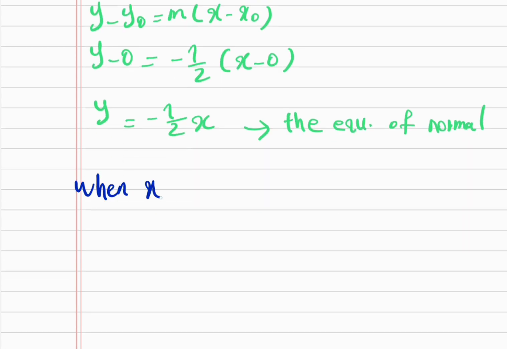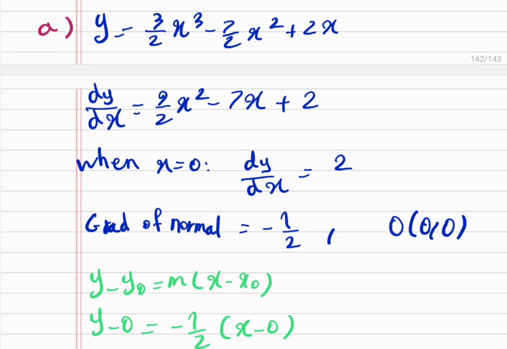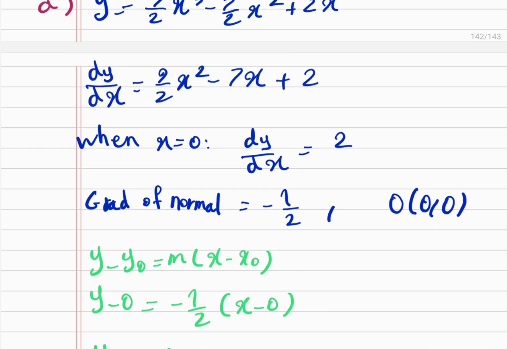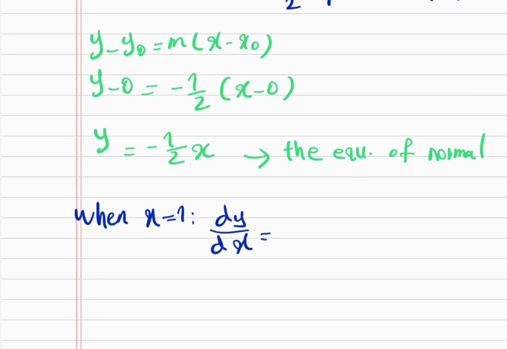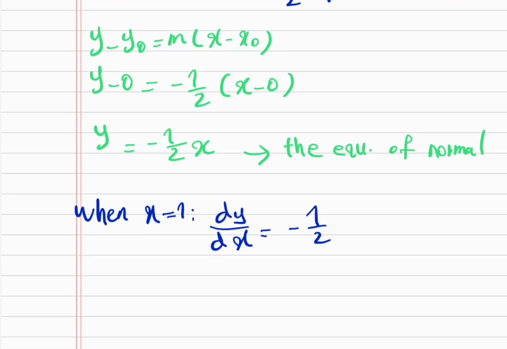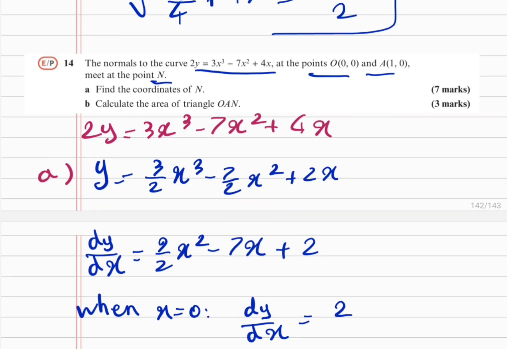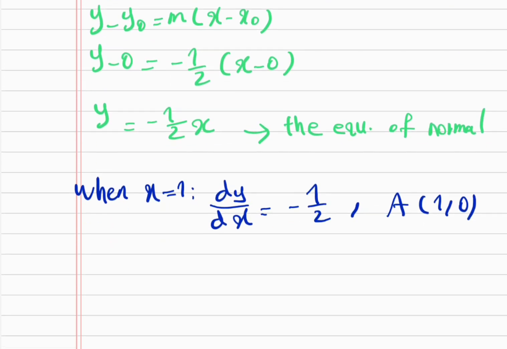When x is equal to 1, dy/dx is minus a half. So the gradient of the tangent is minus a half, and we know that the point A has coordinates (1, 0).